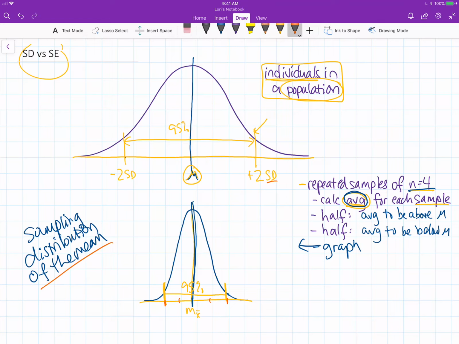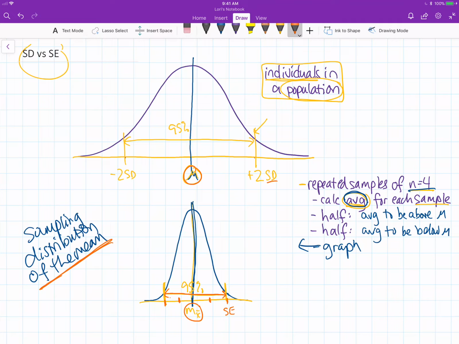Up here we've called it standard deviation, and down here we call it standard error. When we've created a sampling distribution of the mean, we still graph it along the x-axis. We find that the means are equal, but it's not as spread out.